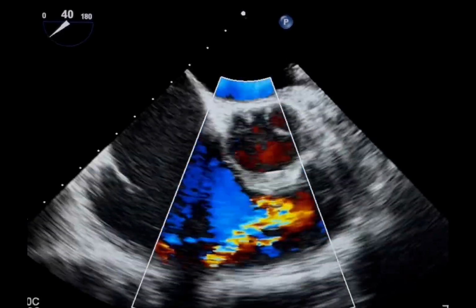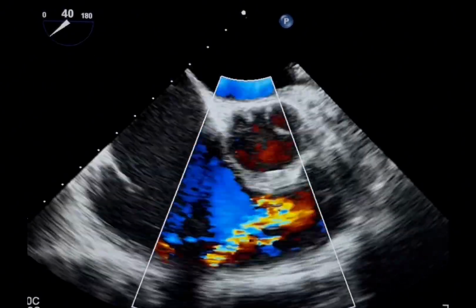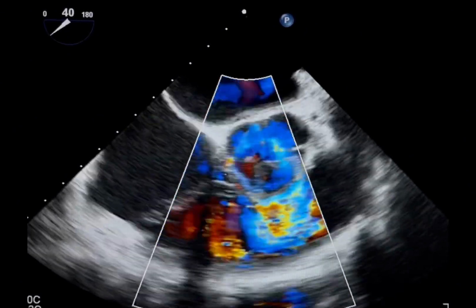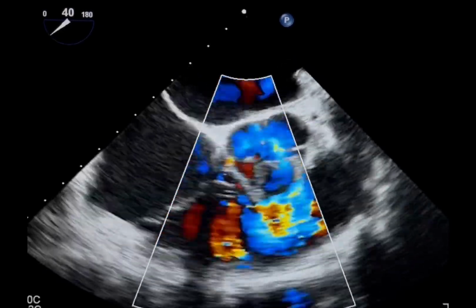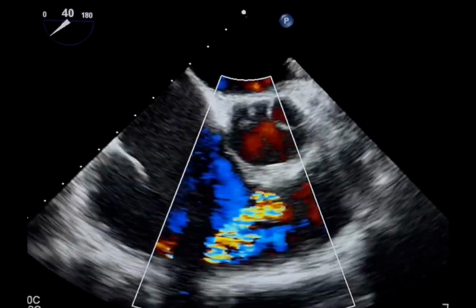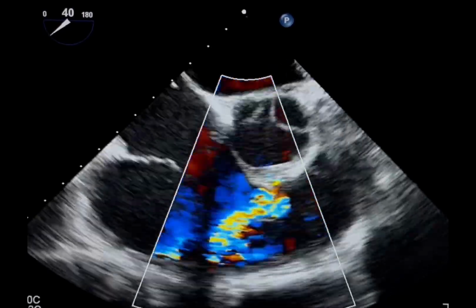Acquired sinus of Valsalva aneurysm can result from conditions like infective endocarditis, trauma, connective tissue disorders like Marfan syndrome or Ehlers-Danlos syndrome, or even post-surgical complications.